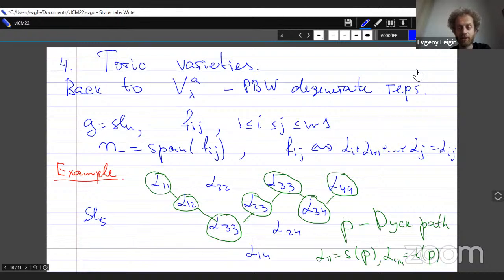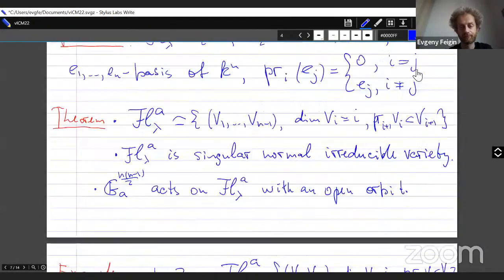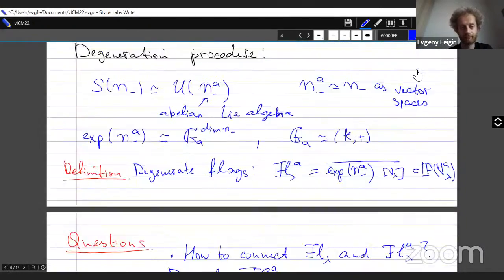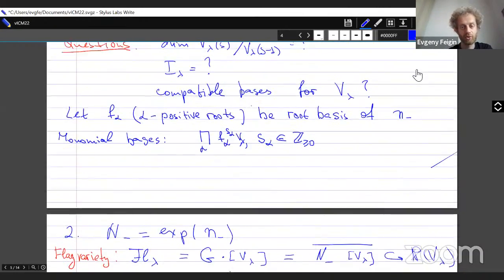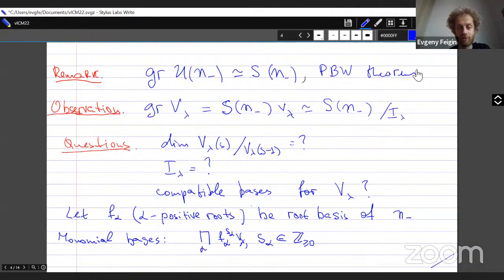And as I mentioned at the very beginning, let me get back to that slide. So these are the questions we formulated. We were wondering whether there is a possible construction of monomial bases for our representations, and the monomial bases are going to be labeled by the numbers s, by the collections s_alpha.